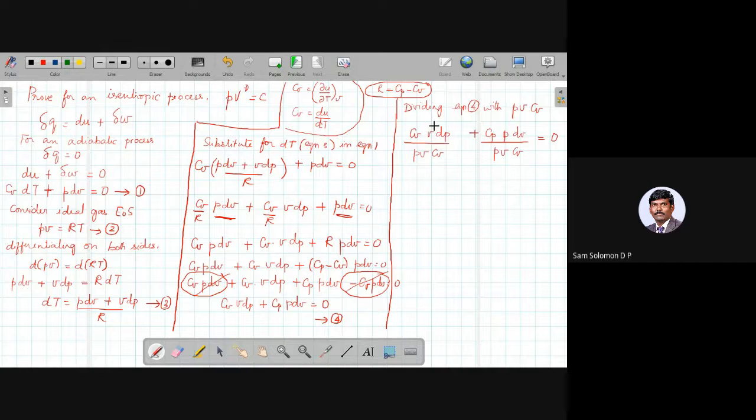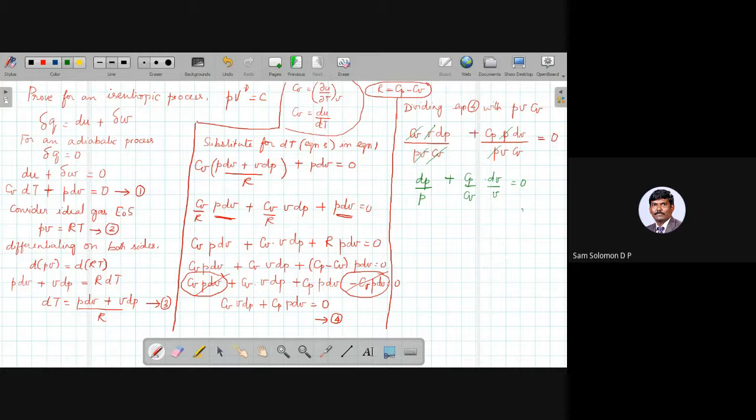I will be able to cancel out this V and this V, this Cv and Cv, and here this P and P. So what I have got is dP by P, and here what I have is Cp by Cv times dV by V. And what is this Cp by Cv?